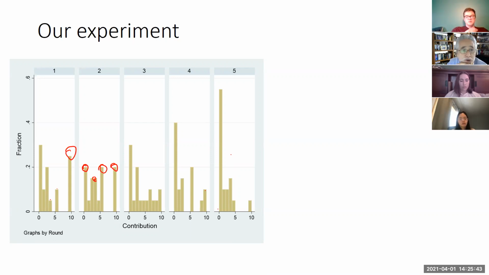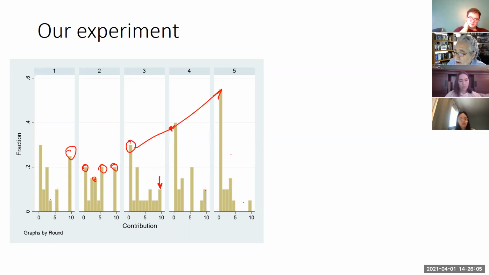And then look at round 3. Now in round 3, the number of people investing no tokens, so keeping all 10 tokens, went up, and the number of people putting all their 10 tokens went down. And then round 4, this even increased more, and round 5, this even increased more.